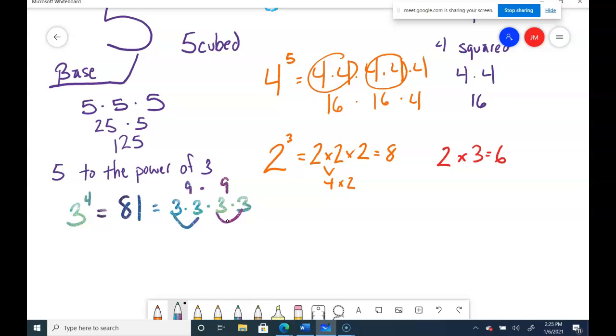Okay, how about, how do we say it? 2 to the power of 5. Okay, 2 to the power of 5. How do we write it?